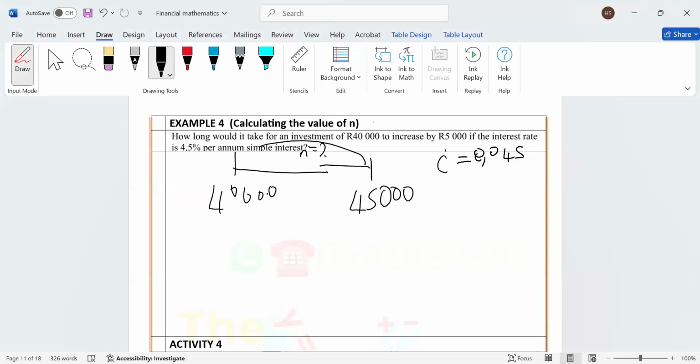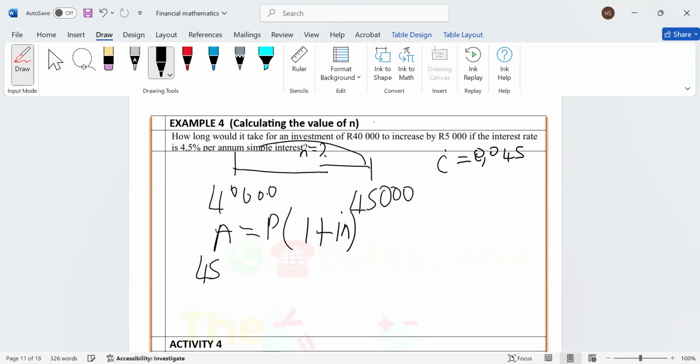We have to calculate N using the simple interest formula, which says A is equal to P times (1 plus I multiplied by N). After that, it's a matter of substitution. What do we have as our accumulated amount? 45,000.